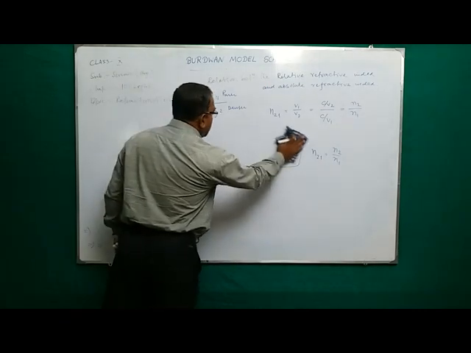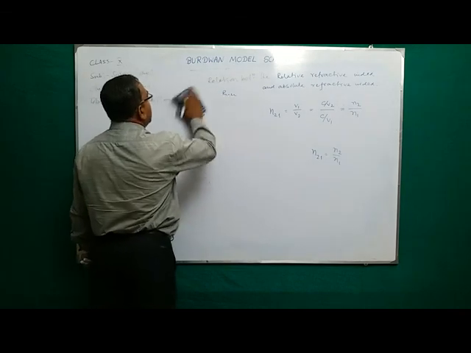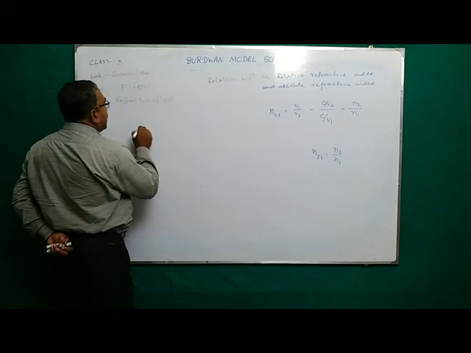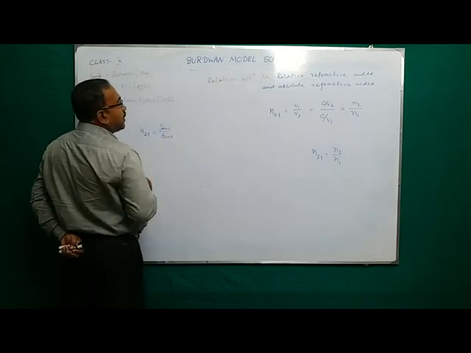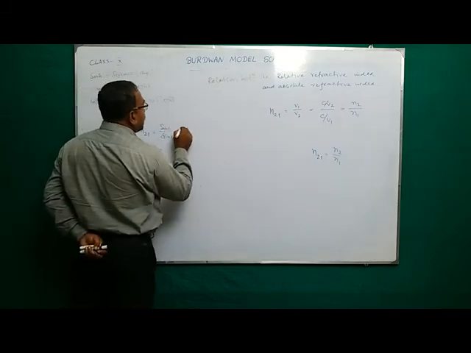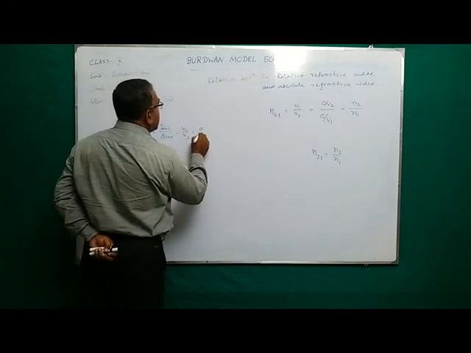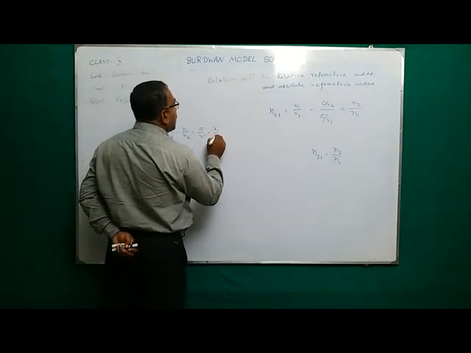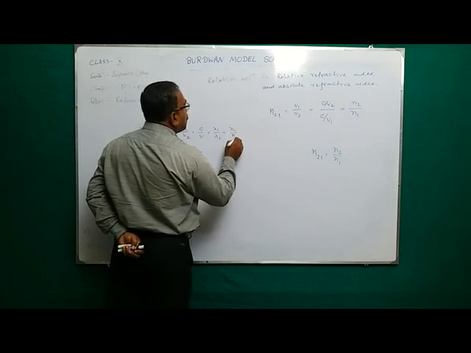So summary of this chapter, formula: n21 equal to sin i by sin r equal to v1 by v2 equal to c by v equal to lambda 1 by lambda 2 equal to n2 by n1.